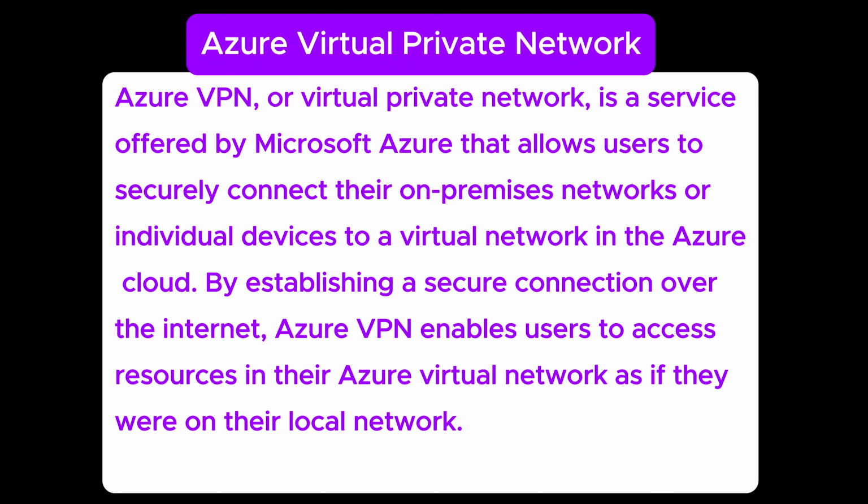Azure VPN, in another definition, we can see that a virtual private network is a service offered by Microsoft Azure that allows users to securely connect their on-premises network or individual devices to a virtual network in the Azure cloud. By establishing a secure connection over the internet, Azure VPN enables users to access resources in their Azure virtual network as if they were on their local network.